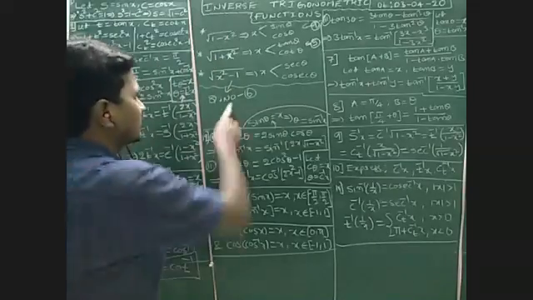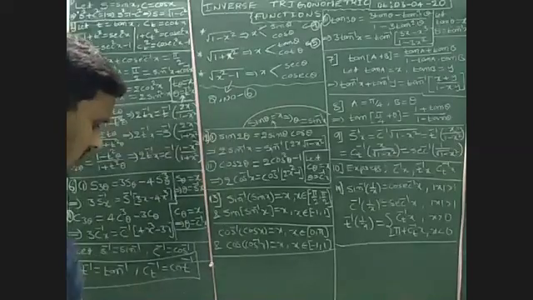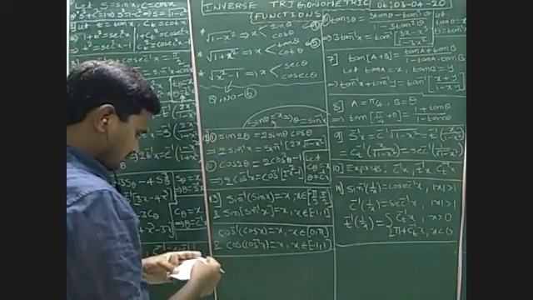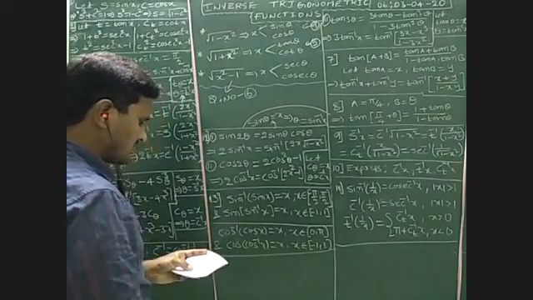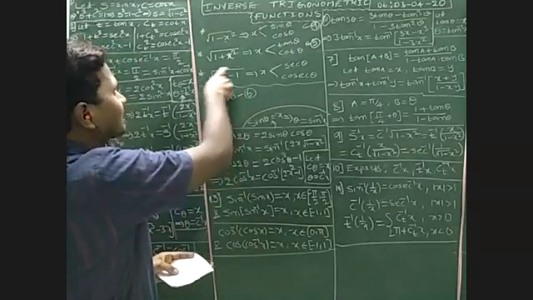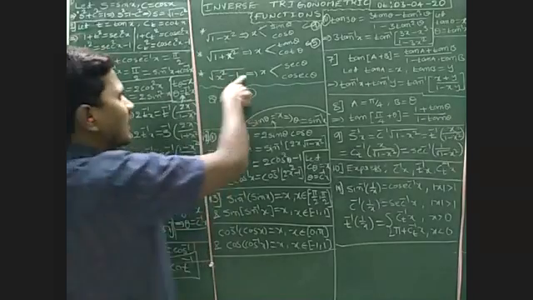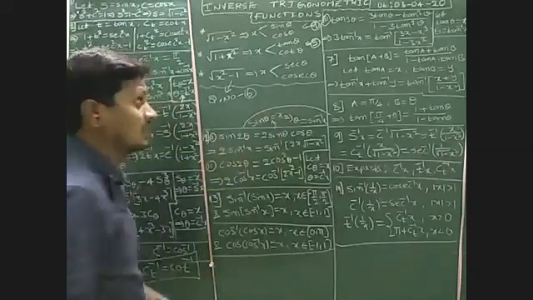See, we can observe question number 6. Write the function in simplest form: tan inverse of 1 by root over x square minus 1 is there in question number 6. What should we substitute here? Either we can substitute x is equal to secant theta or x is equal to cosecant theta.